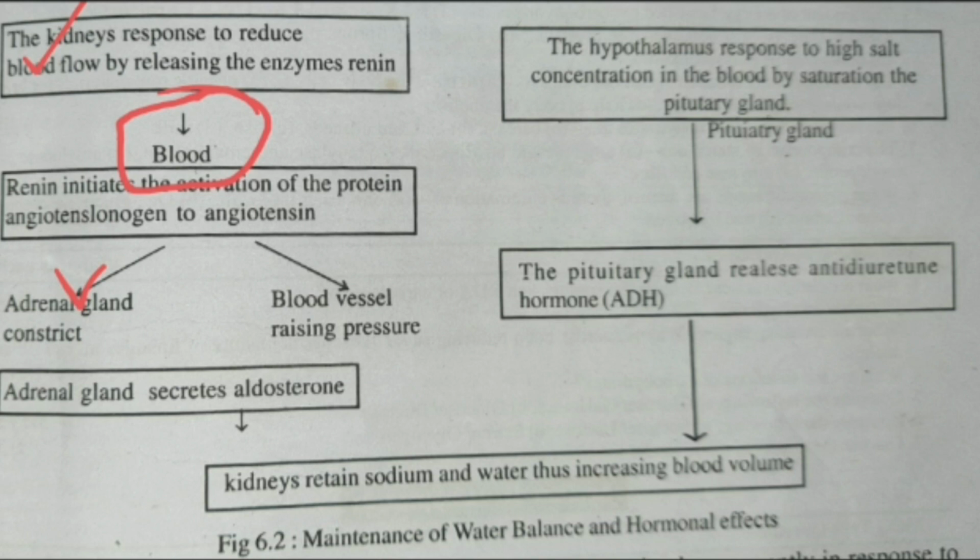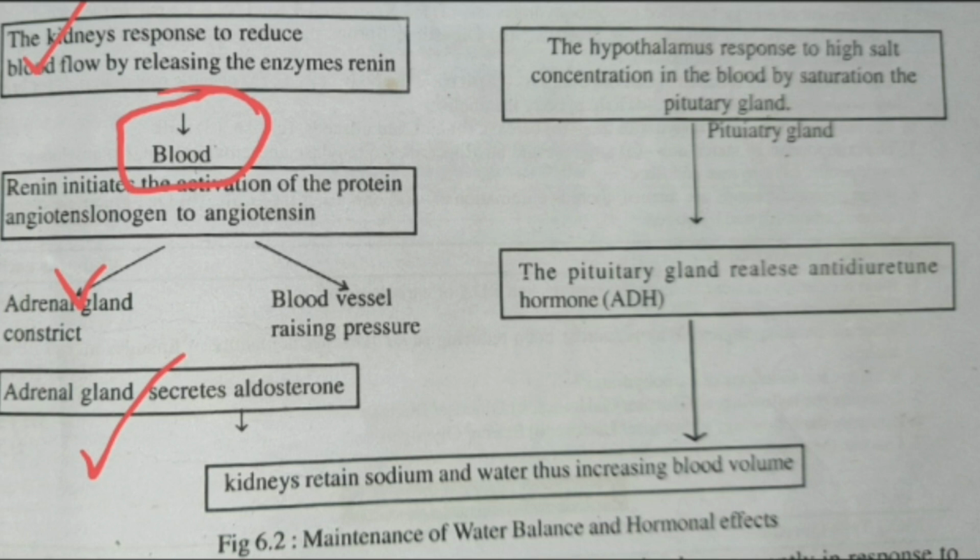Finally the adrenal gland secretes aldosterone by this procedure. This aldosterone acts on the kidneys to retain sodium and water, thus increasing the water volume. So this is the procedure by renin and other hormones.